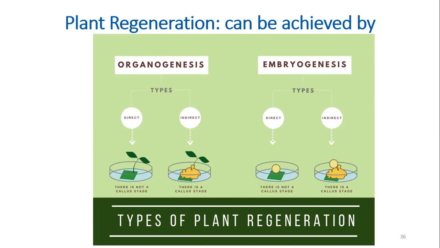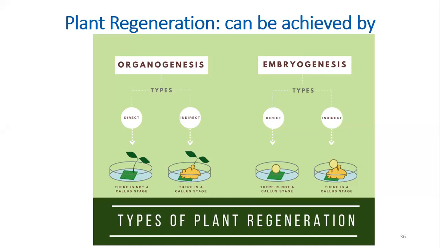Organogenesis is the use of organs for plant regeneration, whereas embryogenesis would use the embryo for regeneration. Both of them have two different types, which is either direct or indirect organogenesis. Same for embryogenesis, it could either be direct or indirect.